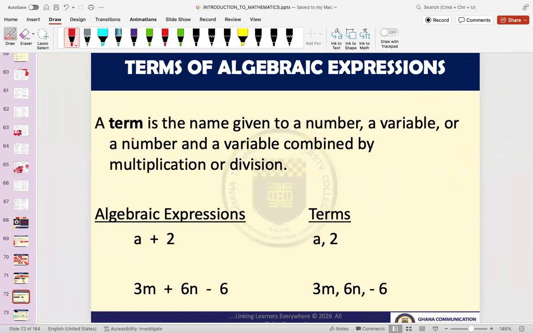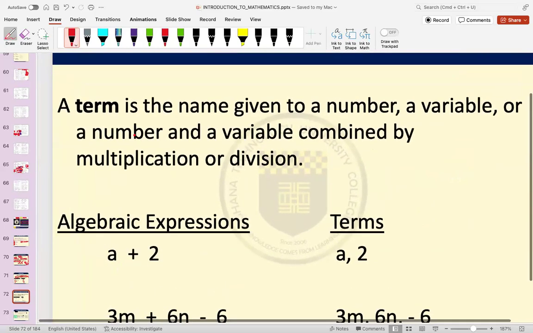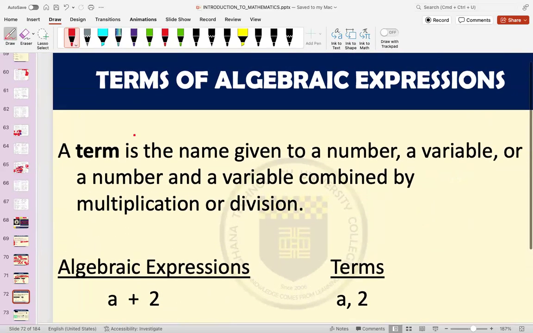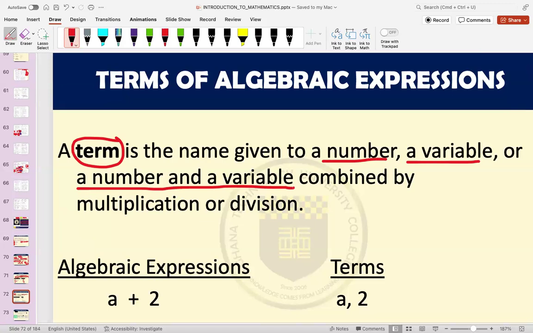Now, the other technical word we want to learn today of an algebraic expression is the word term. Term is the name given to either a number or a variable or a combination of a number and a variable. So three things.